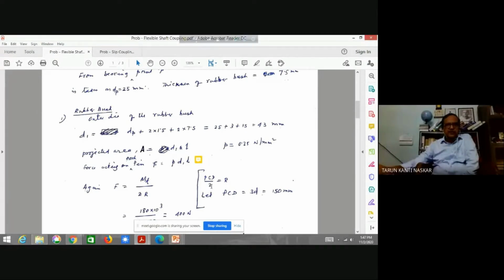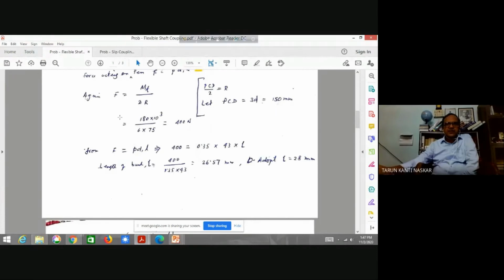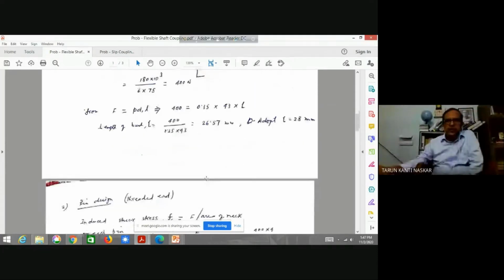So R is PCD by 2, and PCD is 3D. That is the empirical relation. From this we can find F, that is 400 Newton. So F is now known. F is equal to P D1 L, and from that we can find L, the length of the bush. So the length of the bush is found out, that is 26.57, and let us adopt it as 28 millimeter.